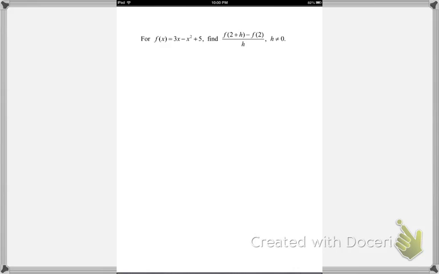In this last example, just like we did in our other function notations, we have x in more than one spot. We're going to find the same way. We're going to start with the first part, and we're going to find the x, and take the x out, and put in 2 plus h. So in our function, we're going to start with 3 times 2 plus h minus 2 plus h squared plus 5.